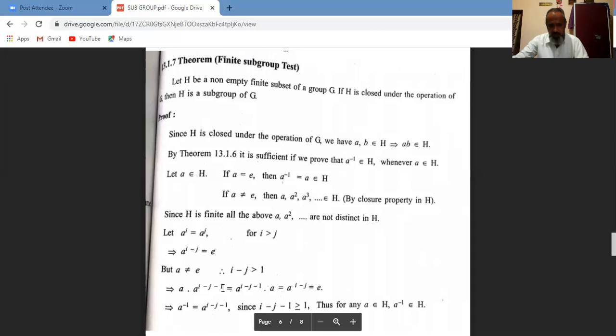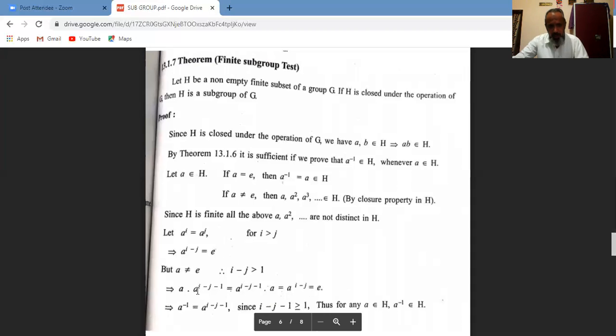Let us consider this. What happens if we multiply? A power i minus j minus 1 into A is equal to, what will we get here? A power i minus j minus 1 into A, the 1 cancels, we get A power i minus j, and A power i minus j is equal to E.